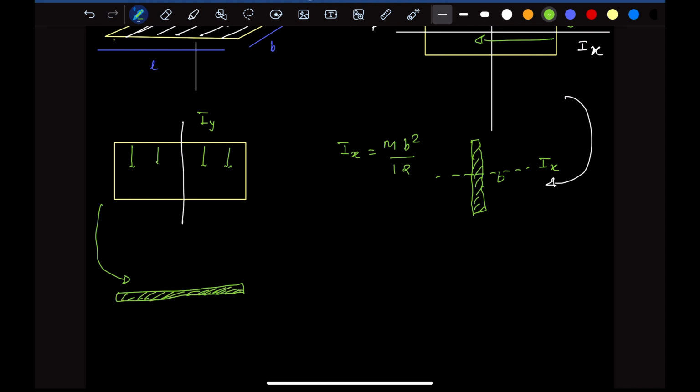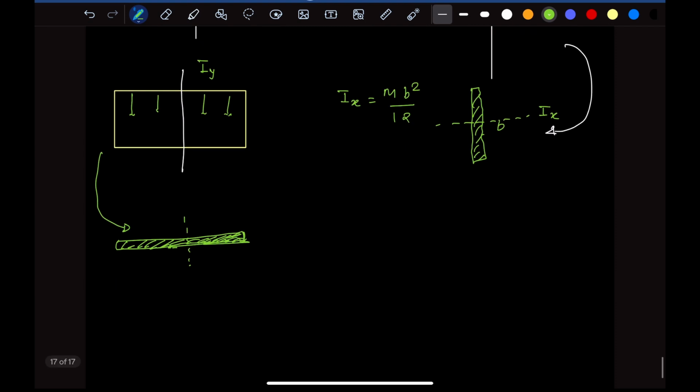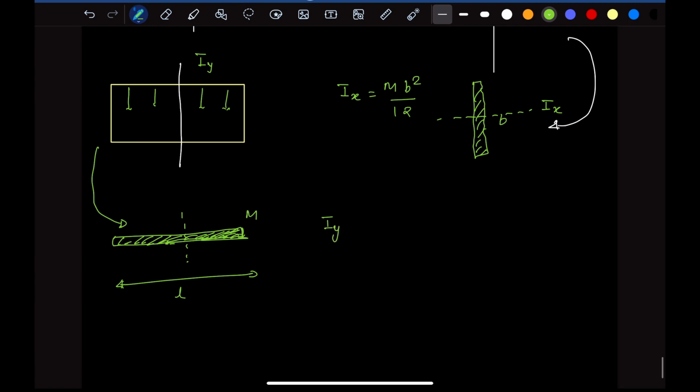My drawings are not perfect, my writing is also not good, but you need to understand it. So this length is L, mass is m, and Iy would be m l square divided by 12.